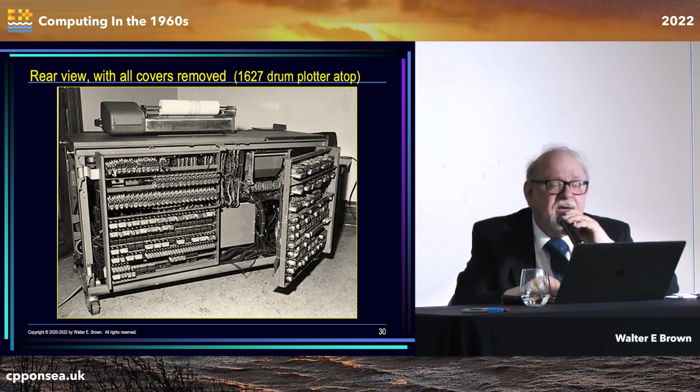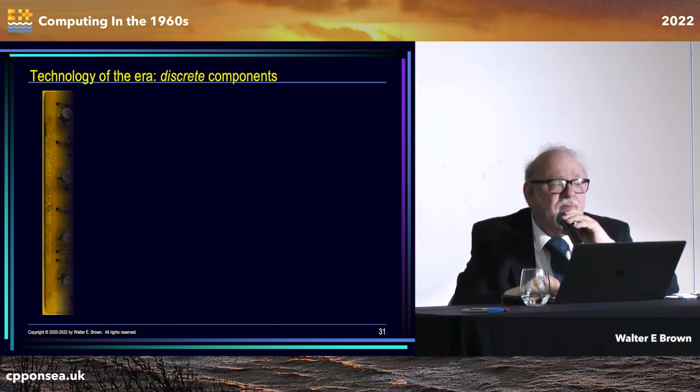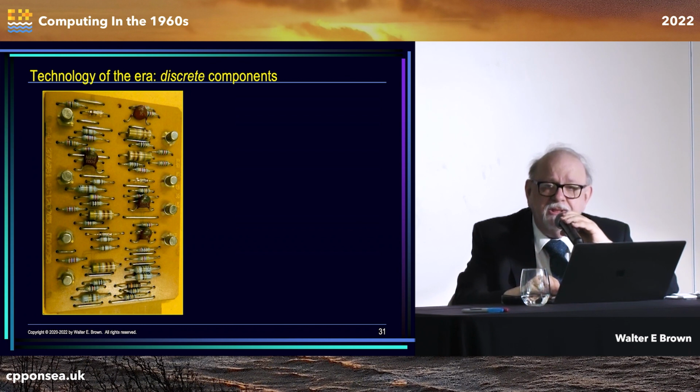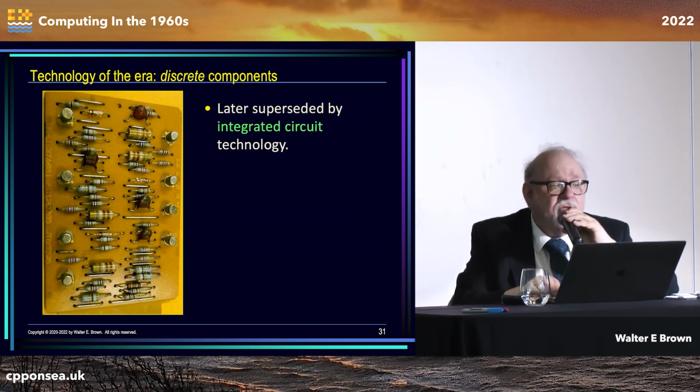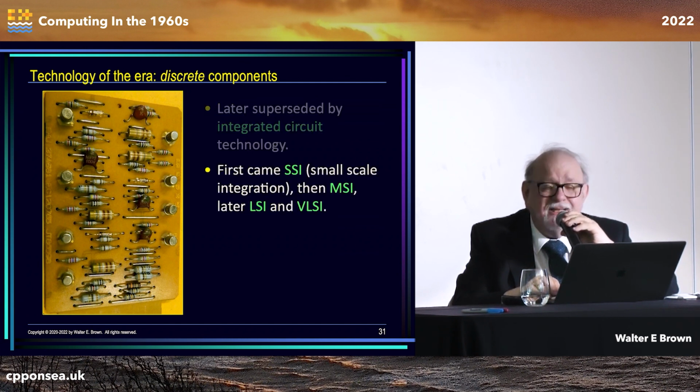The technology of the era was what we refer to as discrete components. And of course, that was later superseded by integrated circuit technology. But we had to sneak up on integrated circuit technology because first we had SSI, small scale integration, later medium scale, large scale, and very large scale.